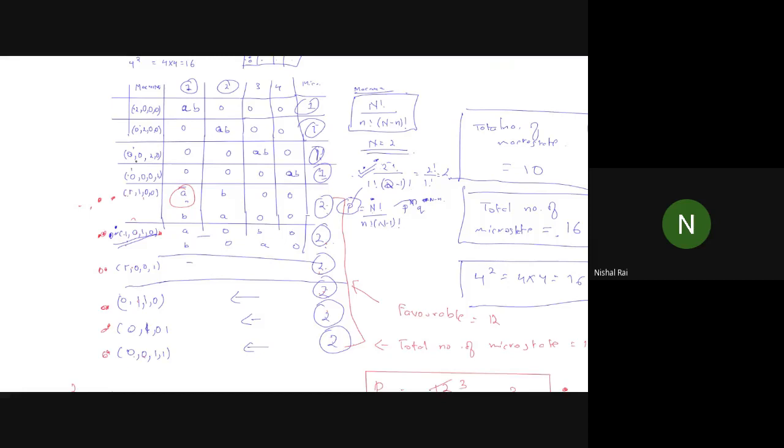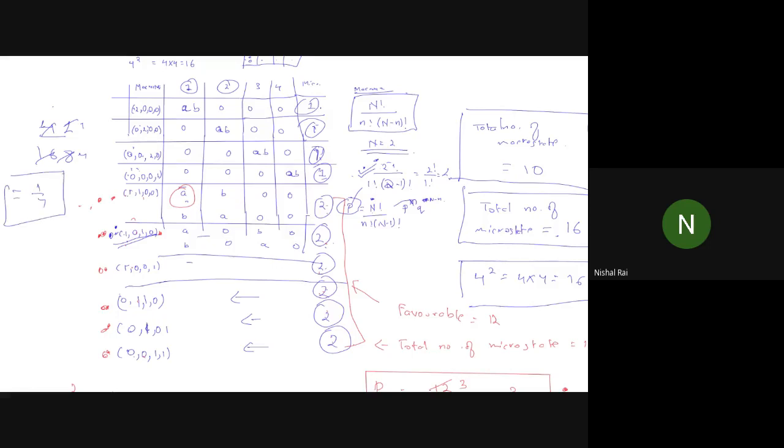Clear? Now the question, if there was probability of 2 particles being in either one of the cells, what do you do again? You again add this 1, 2, 3, 4. The number of microstates over there is 4, divided by 16. 2 8s are 16. 1/4 basically.